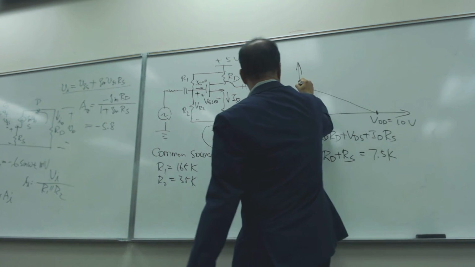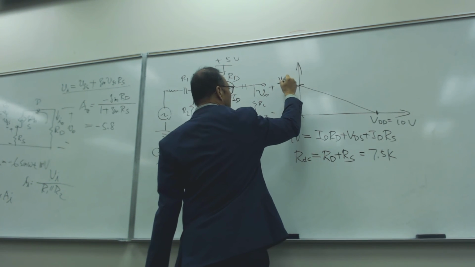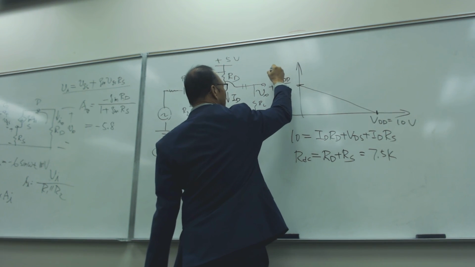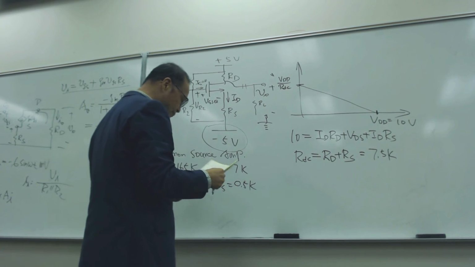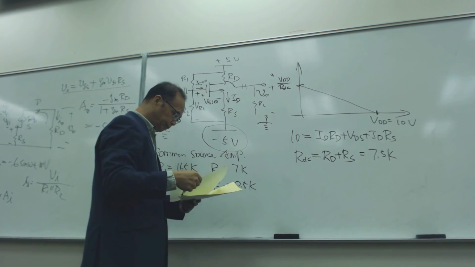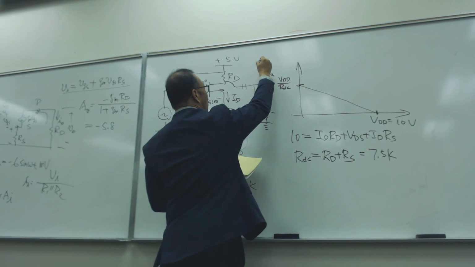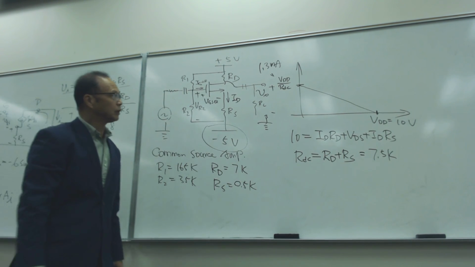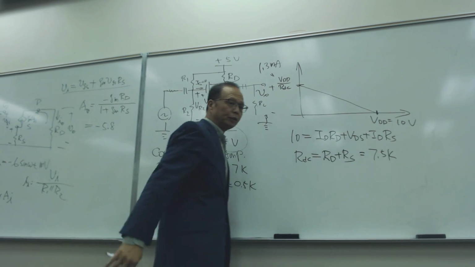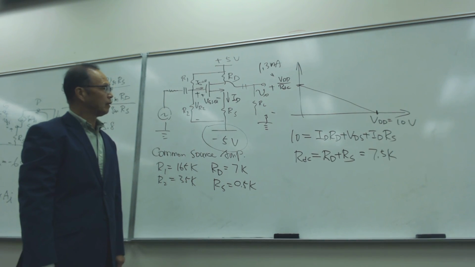And then this one is VDD over RDC, right? So what is it? 10 divided by 7.5, yes? So that's about 1.3 milliamp. Okay, so these are the two boundaries of the DC load line.